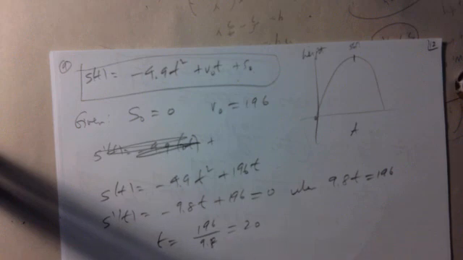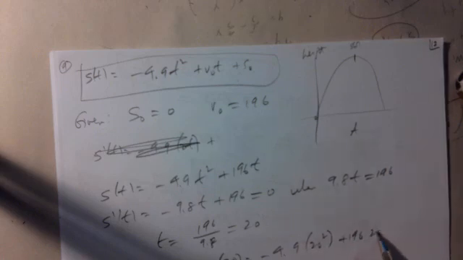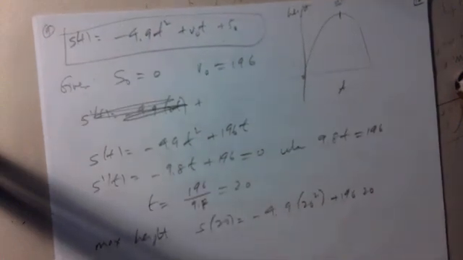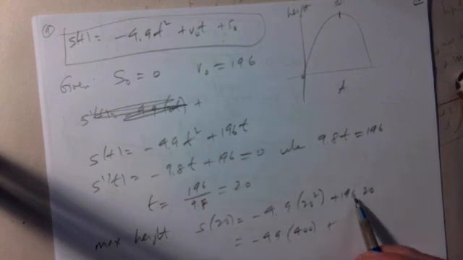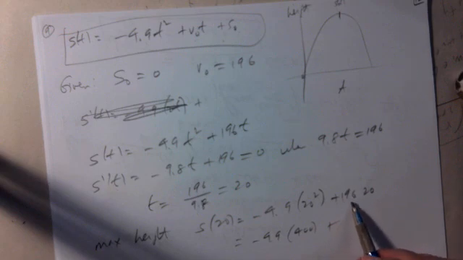So the maximum height is at s of 20, which is minus 4.9 times 20 squared plus 196 times 20. So we just need to calculate that: minus 4.9 times 400 plus 196 times 20. What is that?